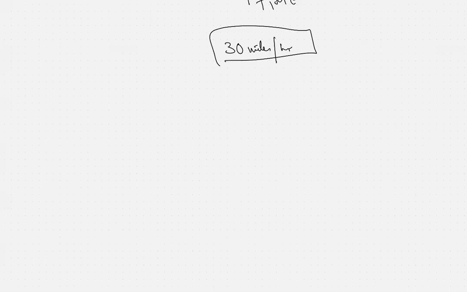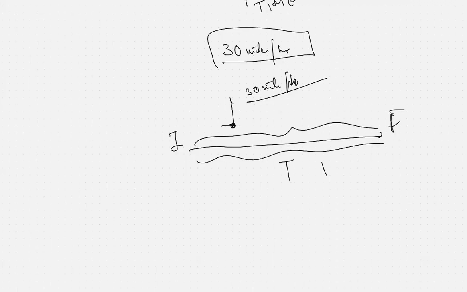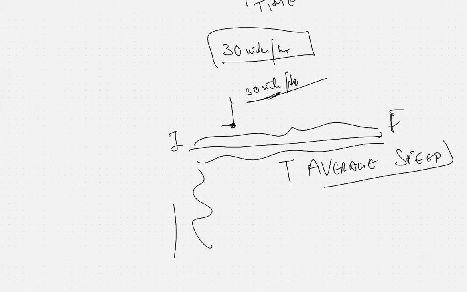But if you tell the policeman to check the average, it means from the time you started, the initial, all the way to the final, or at least the point you are stopped, you take how long it took and the total distance, then you get the average speed. Because when you're going on the road, it's not a straight road. So the average speed would not be 30 miles per hour. The 30 is the instantaneous speed. That point is what we're talking about, okay?